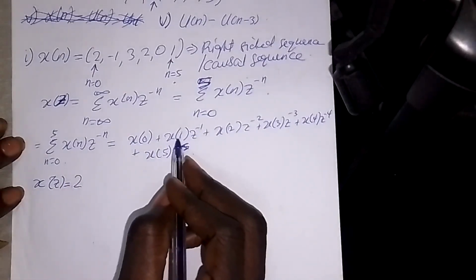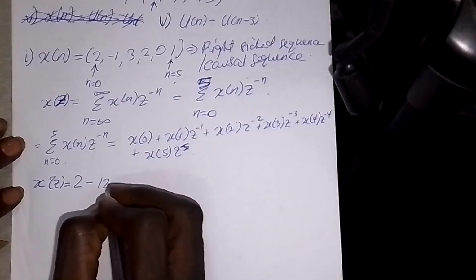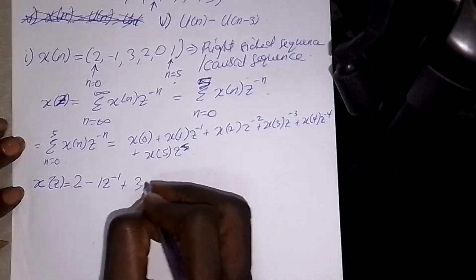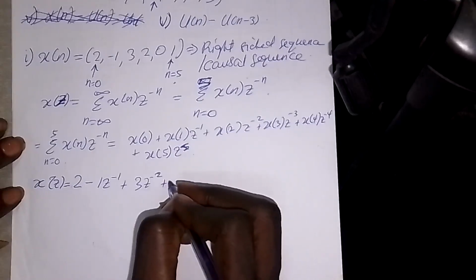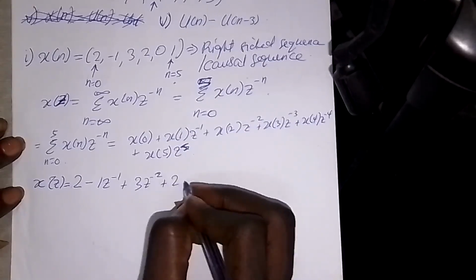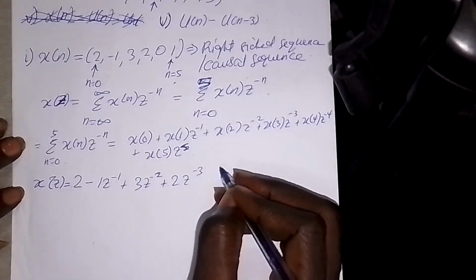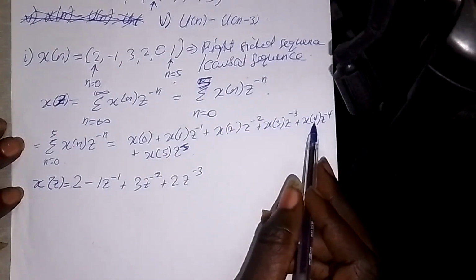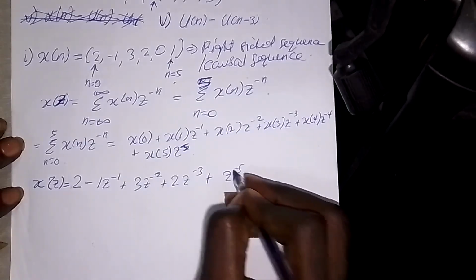What is x of 1? x of 1 is minus 1, into z exponent minus 1, plus x of 2, which is 3, into z exponent minus 2. x of 3 is 2, into z exponent minus 3. Plus x of 4, which is 0. And then x of 5 is 1, so plus z exponent minus 5.